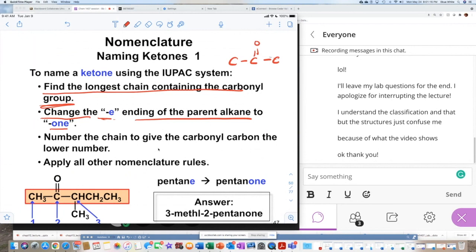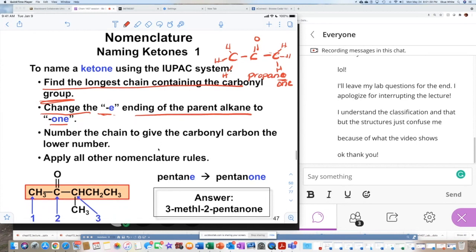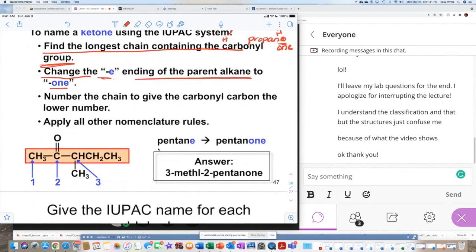So if it was an alkane, it would be propane. But as a ketone, replace the E with one. So it's propanone.